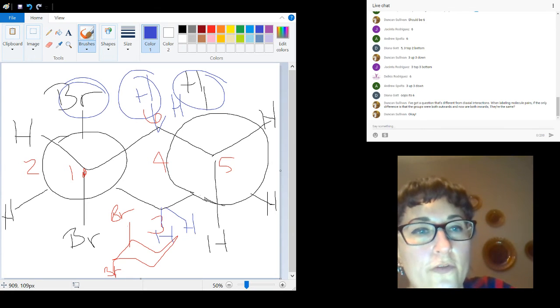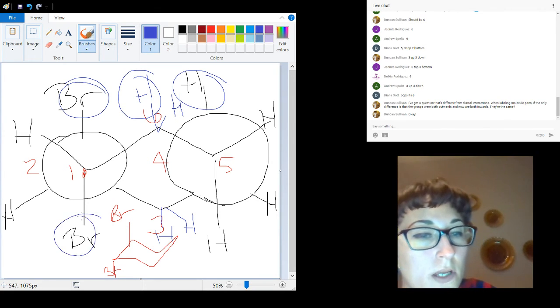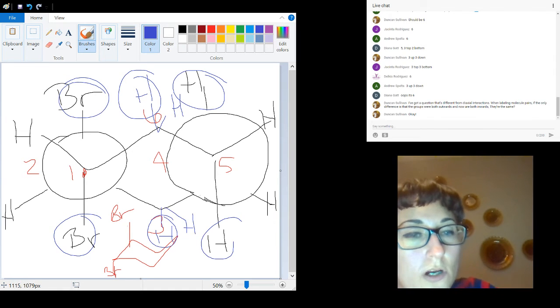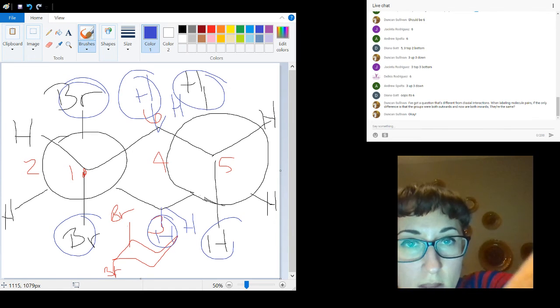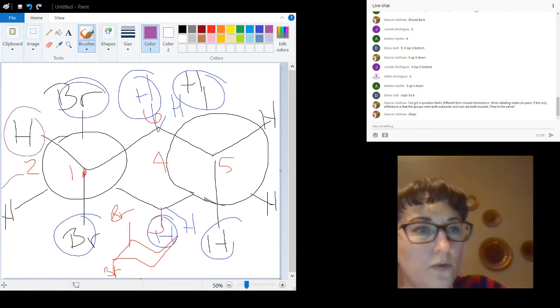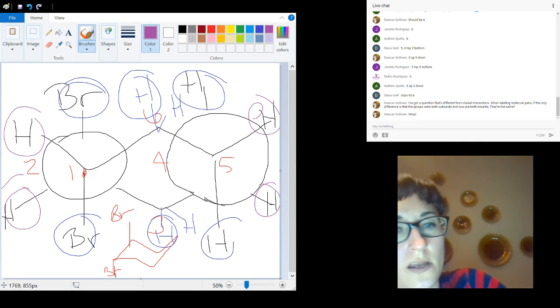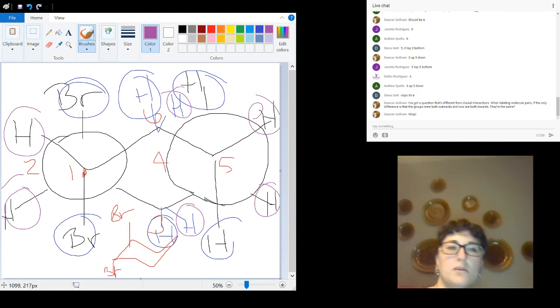So there are 3 that I've circled in blue that are axial, and then 3 here at the bottom would also be axial. And then for equatorial, you can see those because they're the ones that are hanging out on the periphery. So that just looks like a big cluster mess of a bunch of circles around numbers and letters.